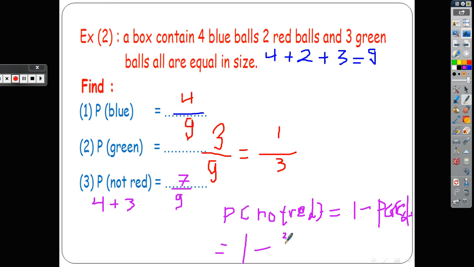So you write 1 minus 2 over 9. 1 is converted to 9 over 9, minus 2 over 9, equals 7 over 9. It is the same answer.